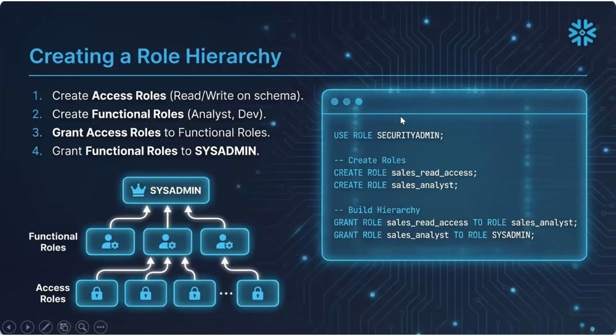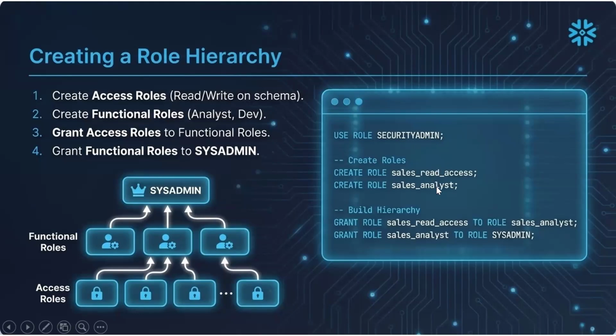See how to create. I am using the role security admin here. This is important. When you are creating the roles and granting the roles, you need to switch to this security admin. How to switch? USE ROLE SECURITY ADMIN in the command. And I'm creating two custom roles here: one is sales lead access and the other is sales analyst.